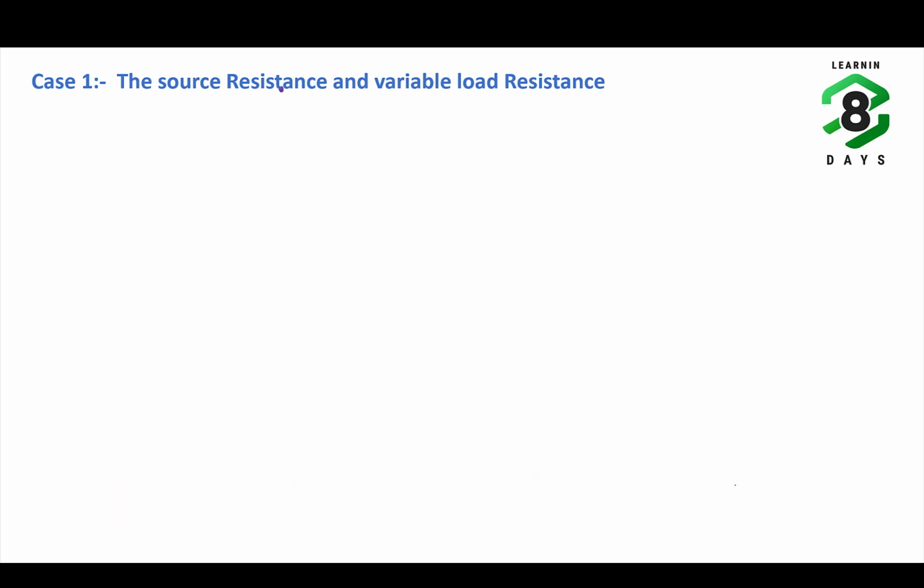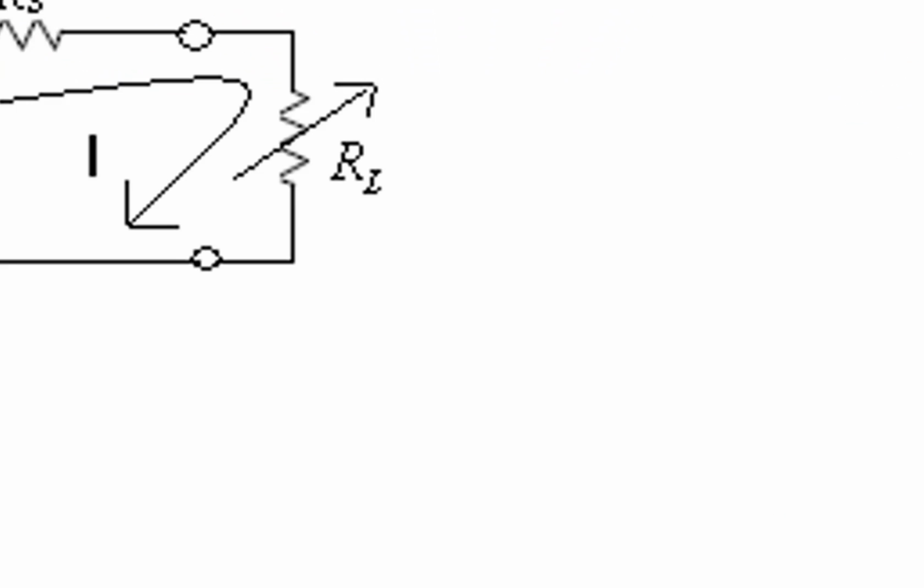So let us take the first case where we have a DC circuit with some source resistance RS and where the load resistor is a variable quantity.